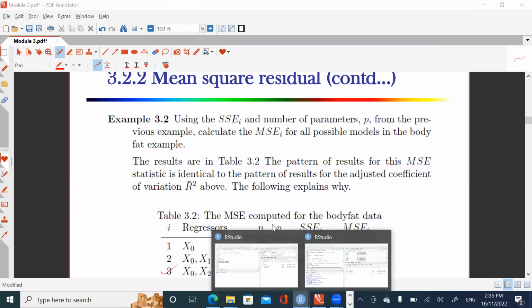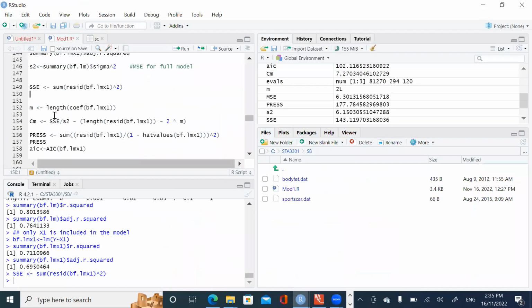So SSE divided by n minus p, n here is 20, and p depends on the particular model. Let's say the model has only 2, so if p is 2, then in this case we will get the second one.